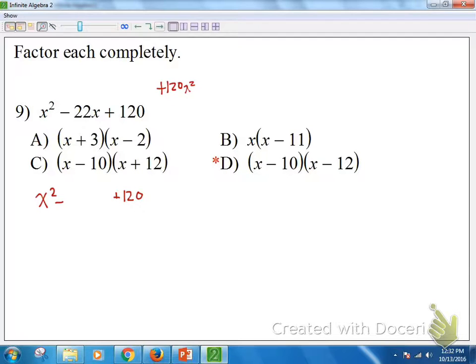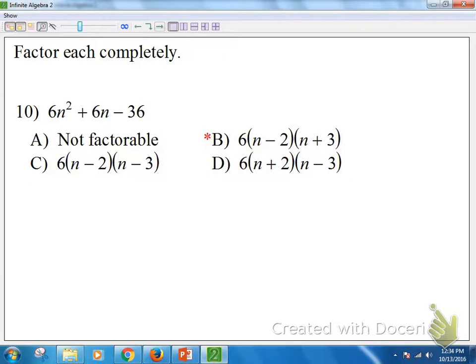It's going to be negative 10x times negative 12x, yes. And then we could do our parentheses thing here, and put a plus sign in the middle, and then we could factor out an x, so it's going to be x minus 10, and we could factor out a negative 12, so it's going to be x minus 10 again, and then we got x minus 10 times x minus 12 is the correct answer. Please pause the video here to look at this one, write it down.